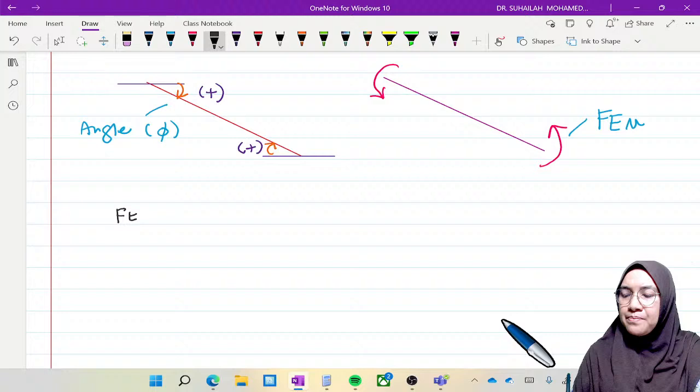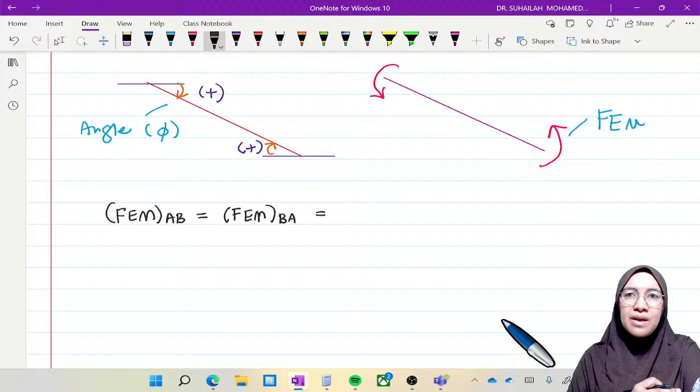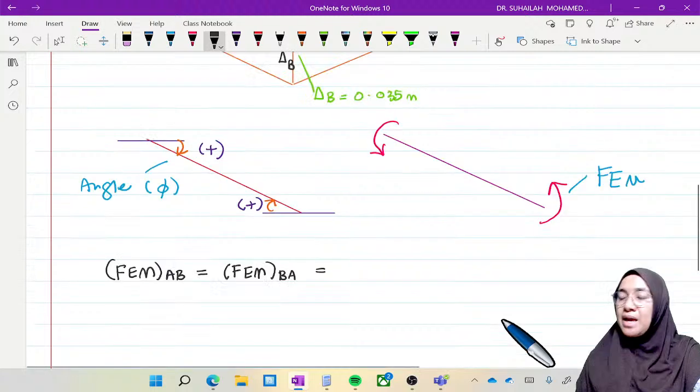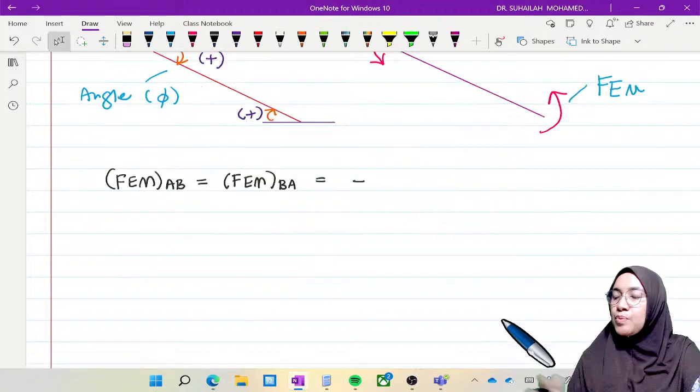FEM for AB, for settlement delta, FEM AB will be equal to FEM BA. We want negative FEM because the behavior is negative, so we have to put negative. The formula is 6 EI.